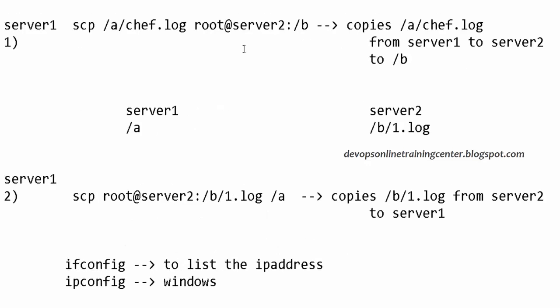So there are two things. One is, how do we copy from server 1 to server 2? How do we copy the same file if it is available on server 2? Here we copied a file which is present on server 1. Here we copied a file which is available on server 2. So from server 1 to server 2, and server 2 to server 1. We are working on server 1, so SCP, the file name, root@server2:/B.